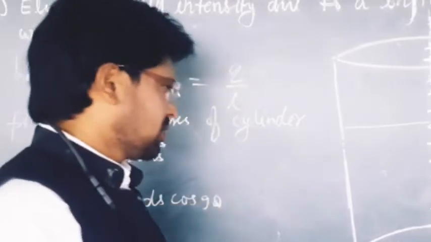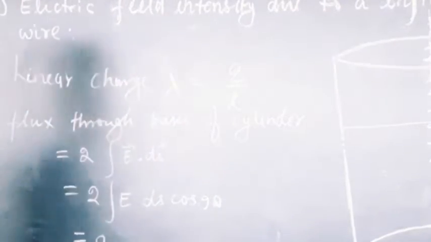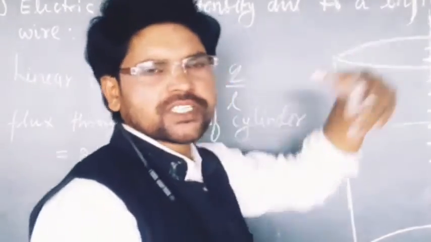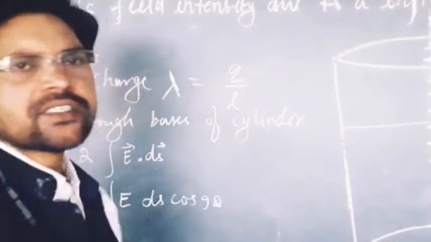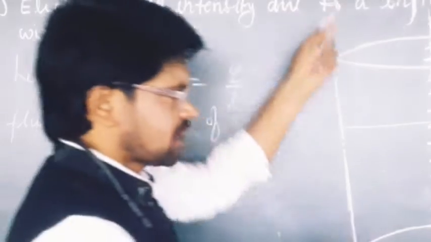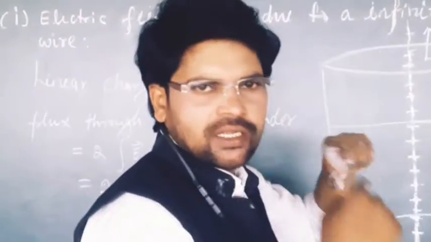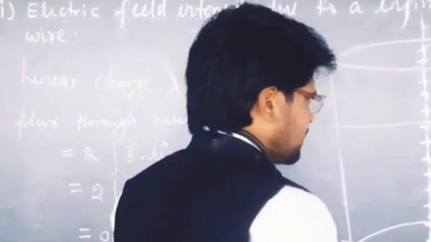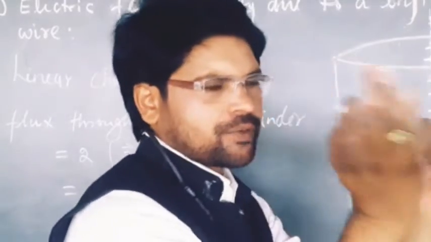Therefore, the flux through the bases of the cylinder is 0. Now we have to consider the curved surface of the cylinder.